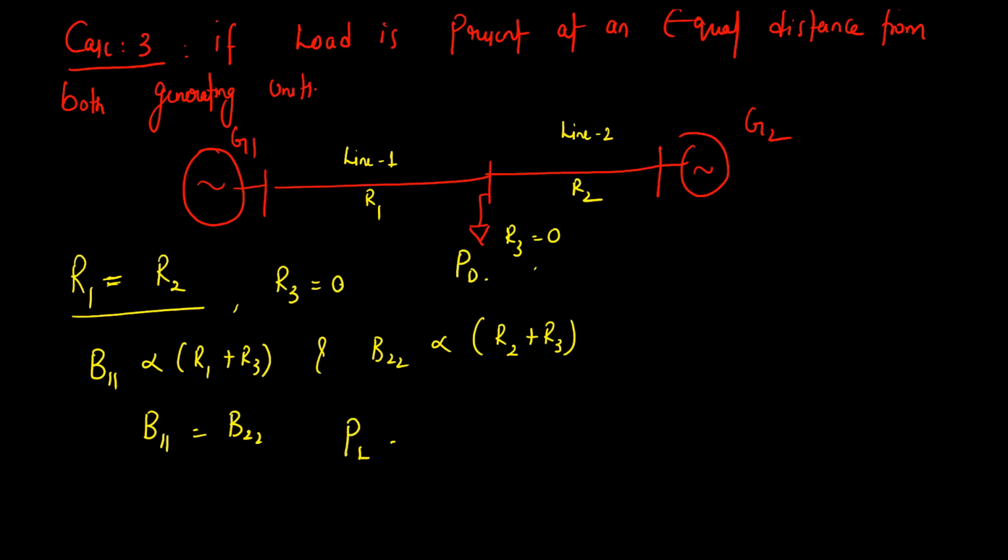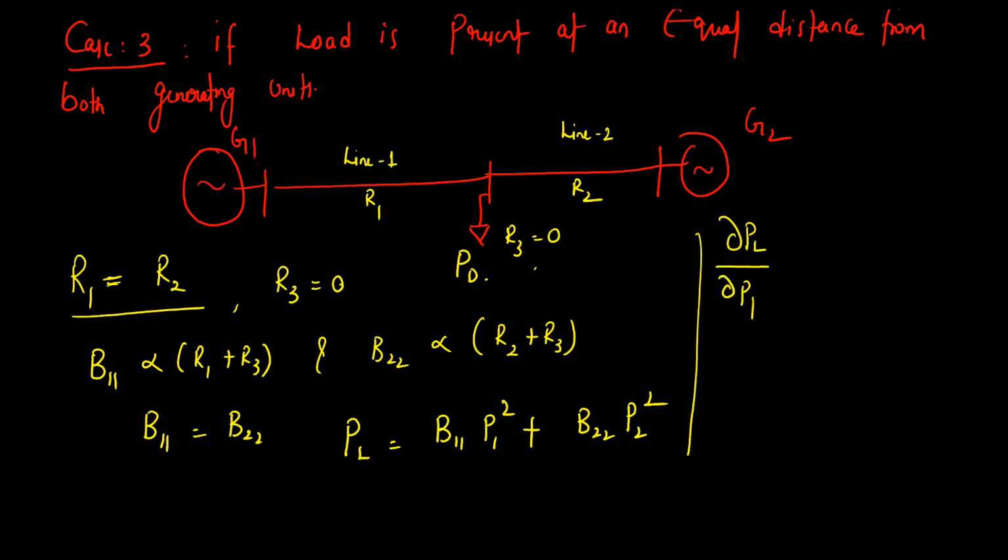Your power loss equation will become B11 P1 square plus B22 P2 square. Understand? Now the incremental transmission losses: dou PL by dou P1 will become 2 B11 P1, and dou PL by dou P2 will become 2 B22 P2. Okay, so the penalty factors will not be the same.